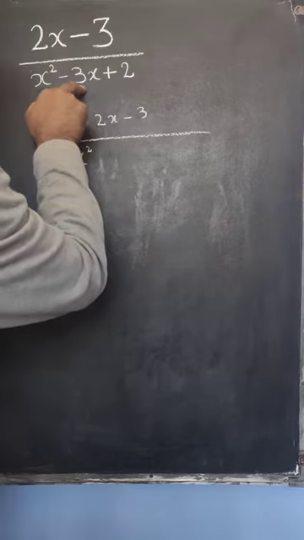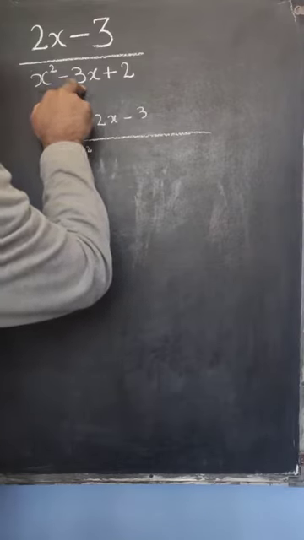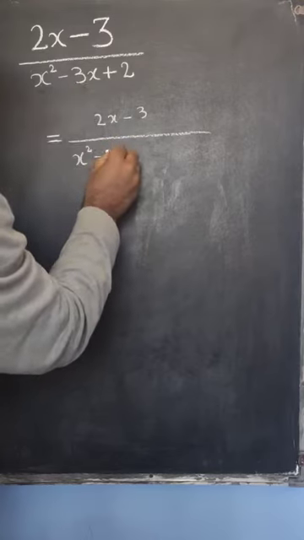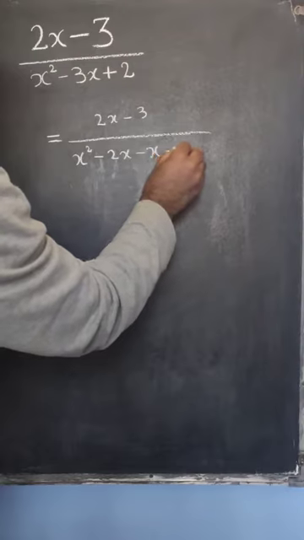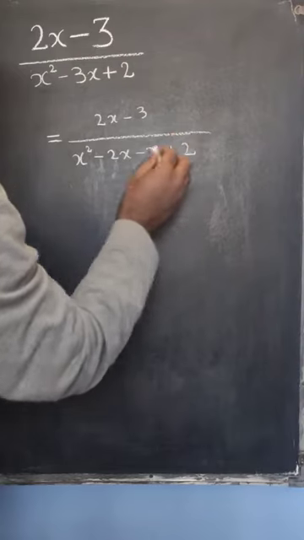Now here we split this middle term minus 3x as minus 2x minus x, then we have plus 2.